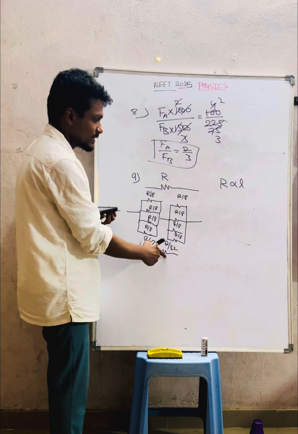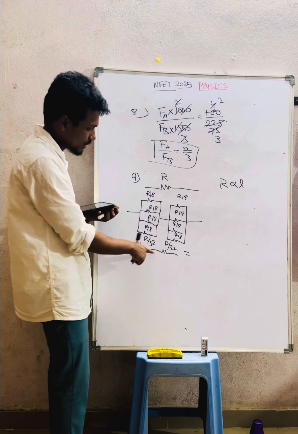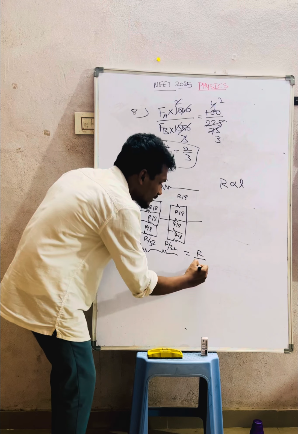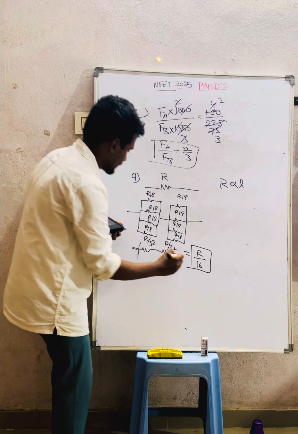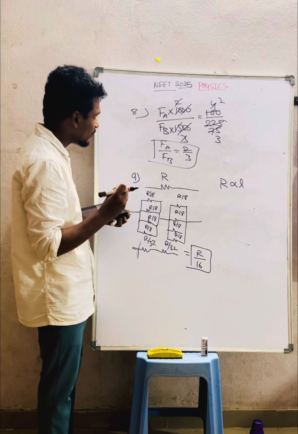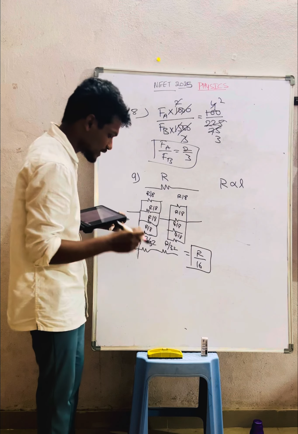These two are in series, which turns out to be 2 times R by 32, which should be R by 16. So this should be your answer. Quite easy, not too tough. Now this is all about question number 9. Next we'll move on to question number 10.